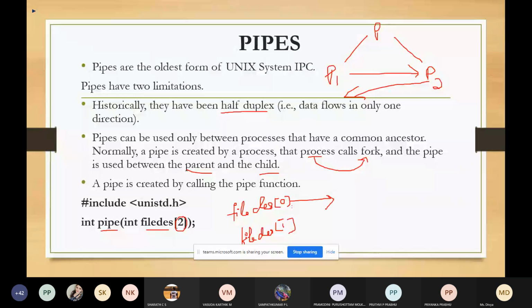File descriptor 1 is open for writing. So don't get confused: the first descriptor is used for reading and the second one is used for writing. The output of file descriptor 1 is the input for file descriptor 0. So after writing, it will be given as the input for reading.